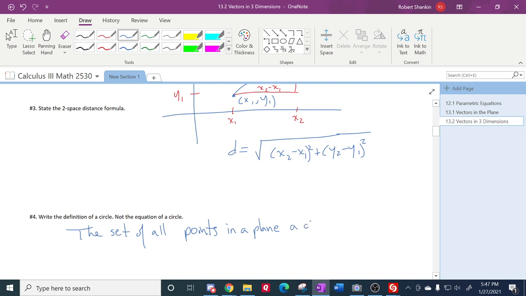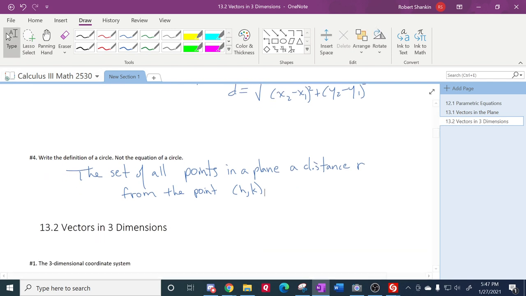a distance, we could call it R, from the point, we could call it HK. And then what does that define?